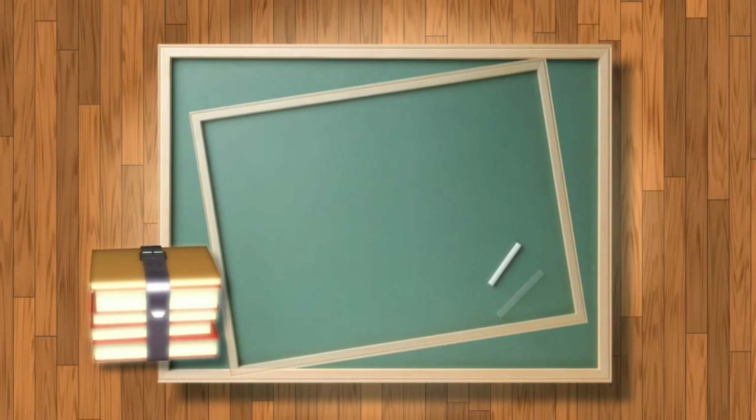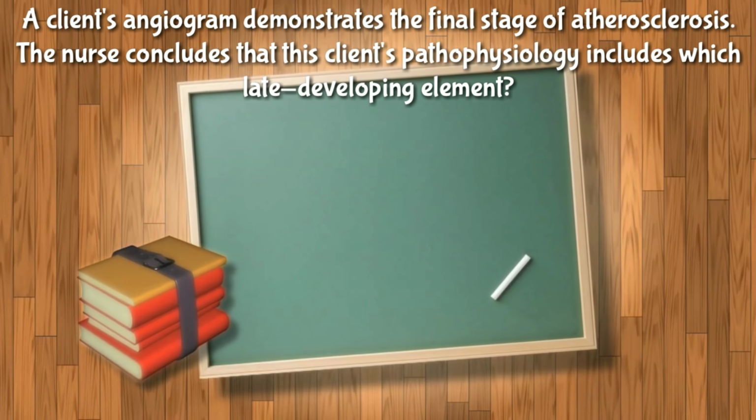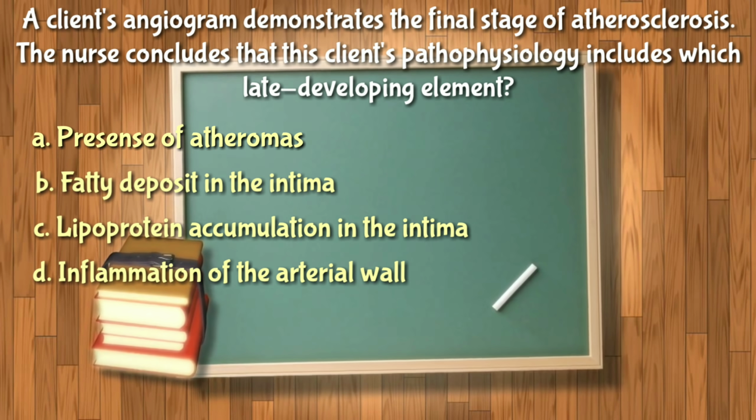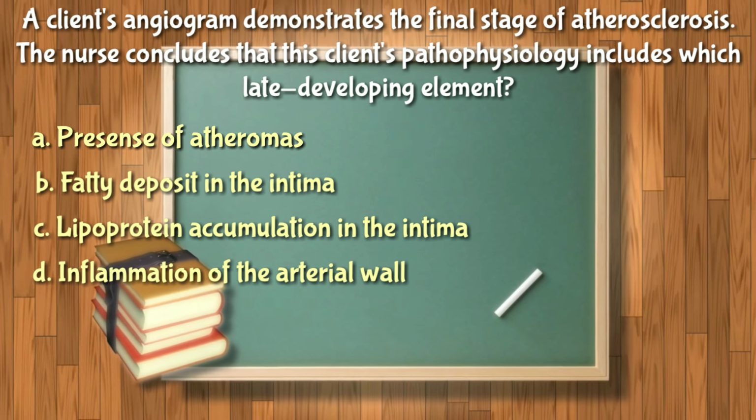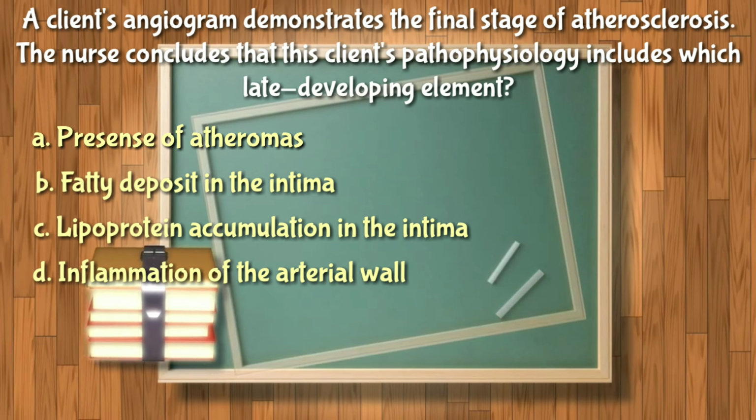A client's angiogram demonstrates the final stage of atherosclerosis. The nurse concludes that this client's pathophysiology includes which late development element. So this question talks about an angiogram showing the final stage of atherosclerosis. So among the 4 choices, what do you think demonstrates the late developing element?